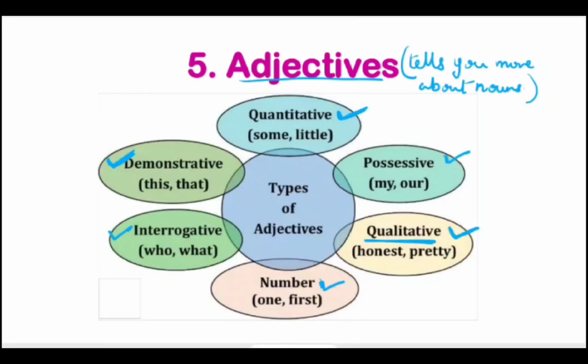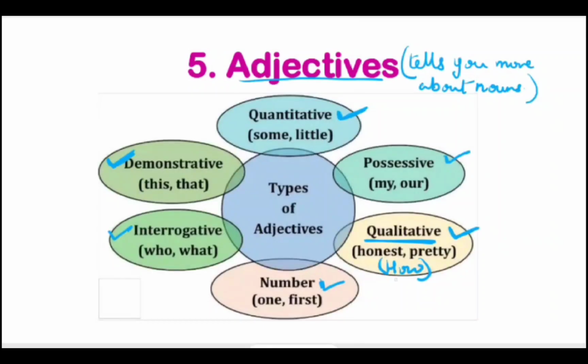So remember, whenever you want to identify adjective of quality, you need to ask the question how to the noun. Remember, it tells you more about the noun, so you will ask the question only and only to the noun.